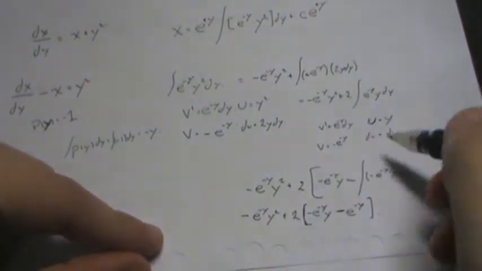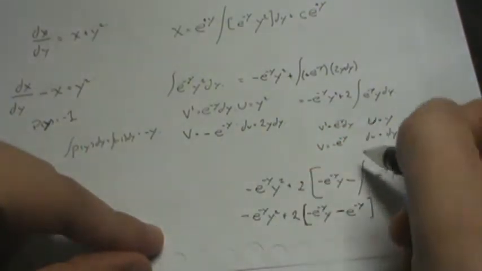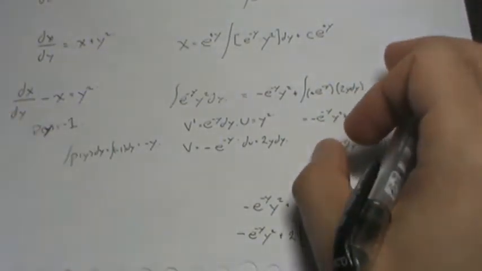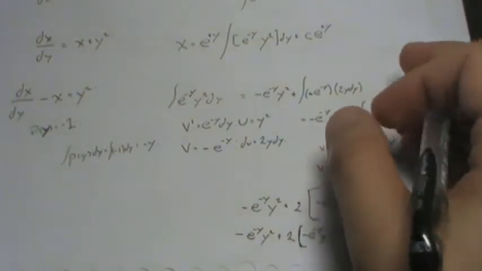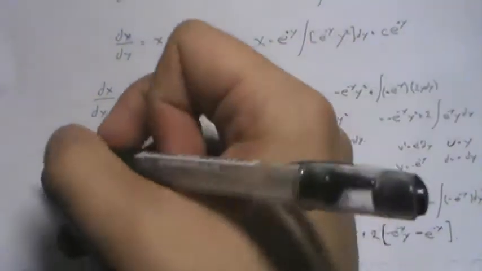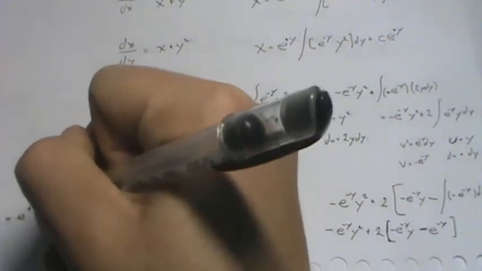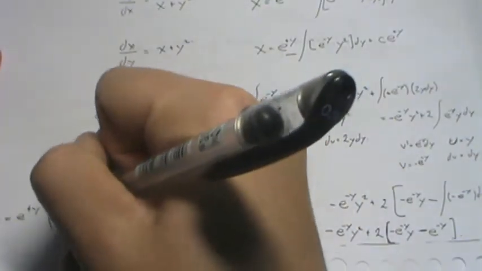And now let's remember that this is just our integral in here. So now let's put everything together, shall we? So now we have that x is equal to e to the plus y, that's this term, times this integral answer, so e to the minus y. Let's take out this e to the minus y outside, let's factorize it.